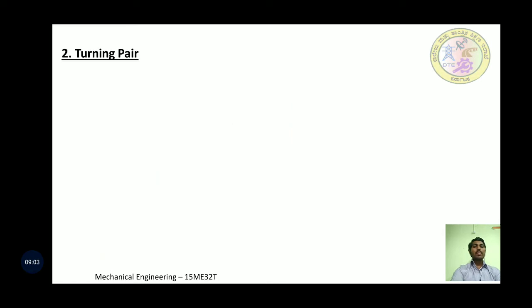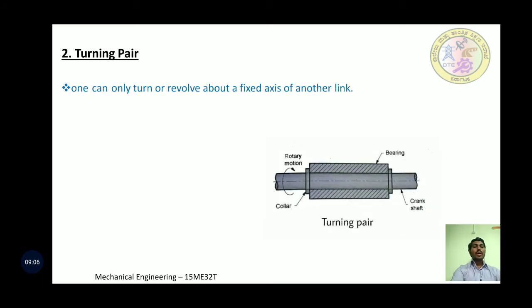Turning pair. When two elements of a pair are connected in such a way that one can only turn or revolve about a fixed axis of another link, the pair is known as a turning pair.